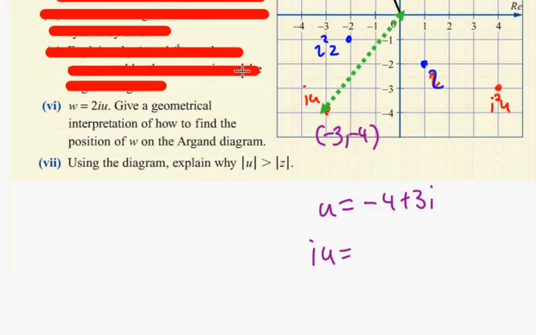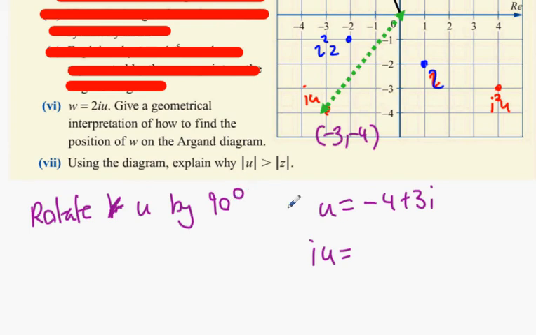So what happens is you rotate u by 90 degrees. Everybody happy enough with that? And what happens when you multiplied it by 2? It turned into -6 - 8i. So in effect, you doubled the distance. Does that make sense? So if you multiply by 2i, you double the distance.